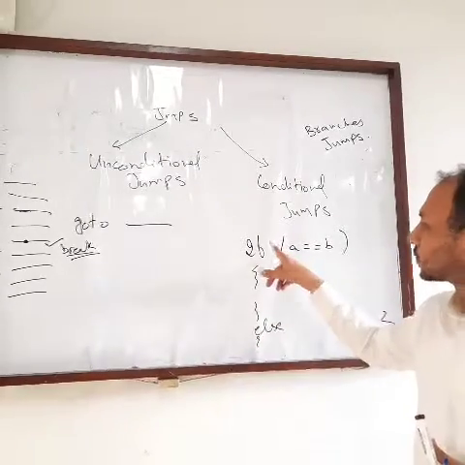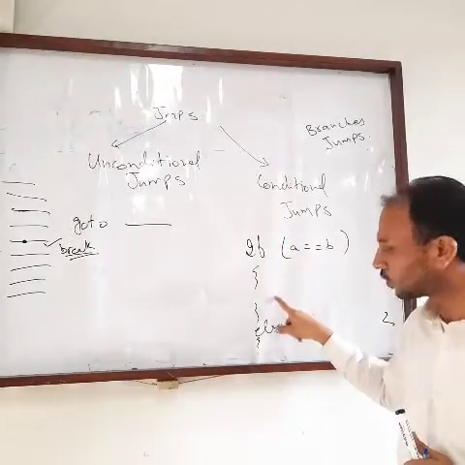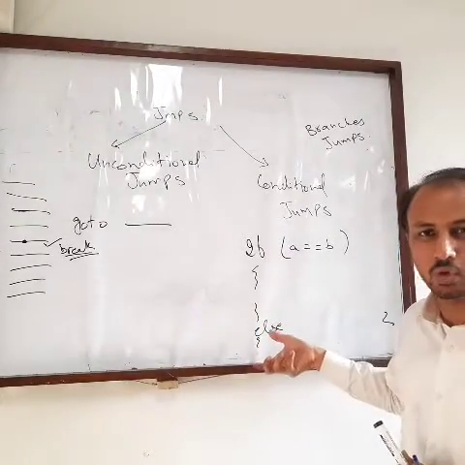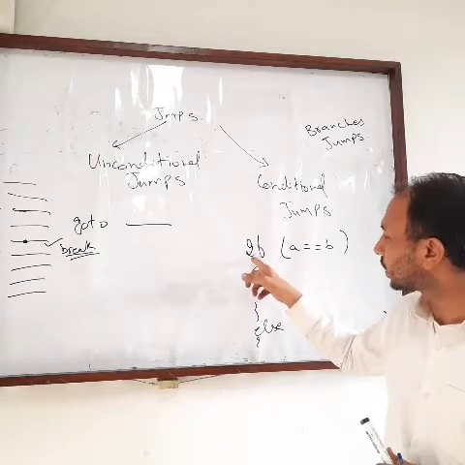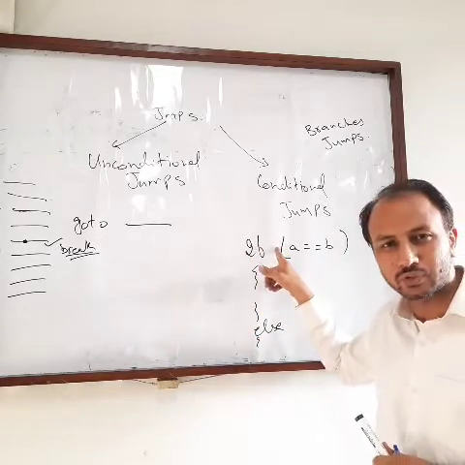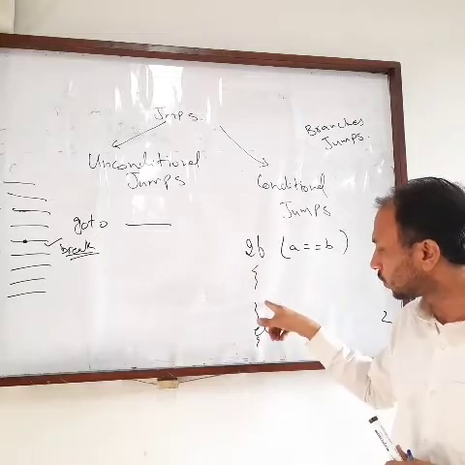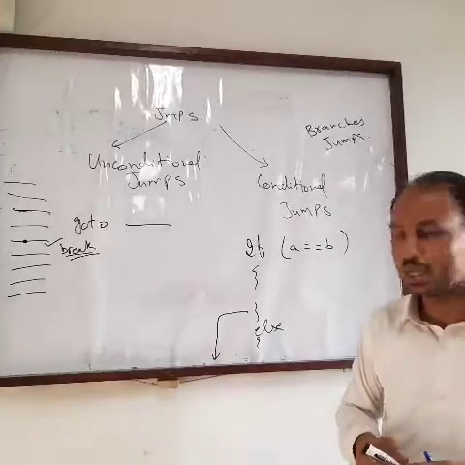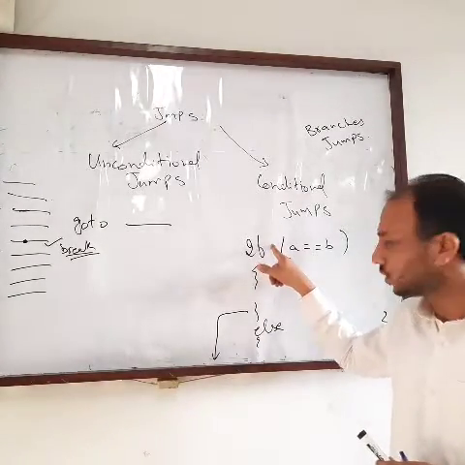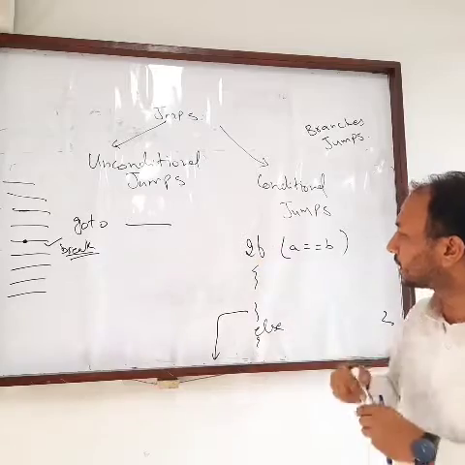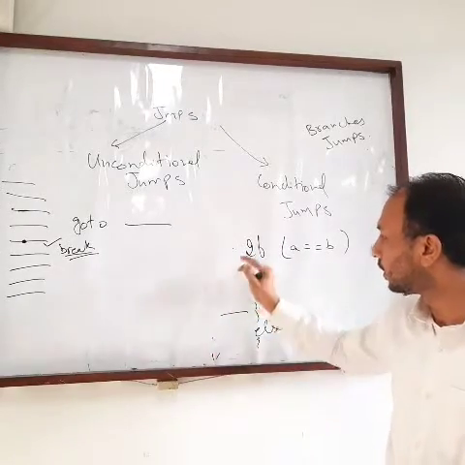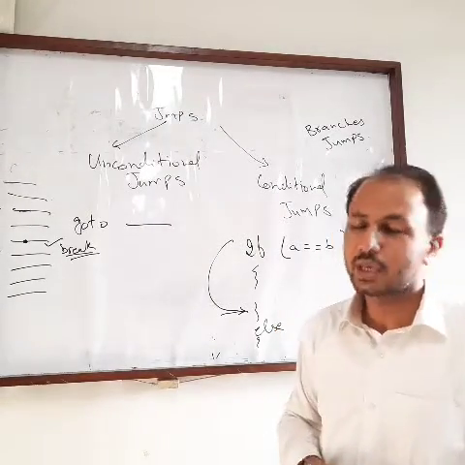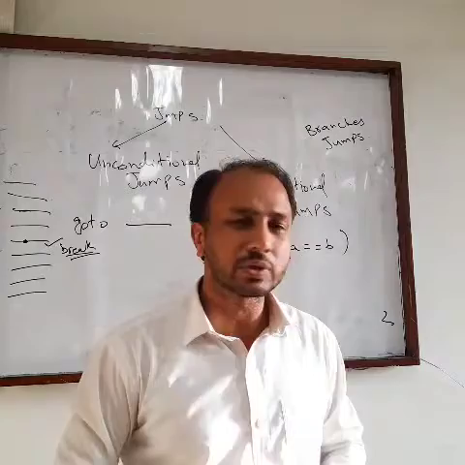But if the if condition is correct, you execute all these instructions, but you will not execute the instructions in the else block. Here you are actually taking a jump. If the condition is correct, you take a jump from here to the end of else. If this condition is not true, you take a jump from here to this point, and you run all the else conditions. Any other example of conditional jumps?